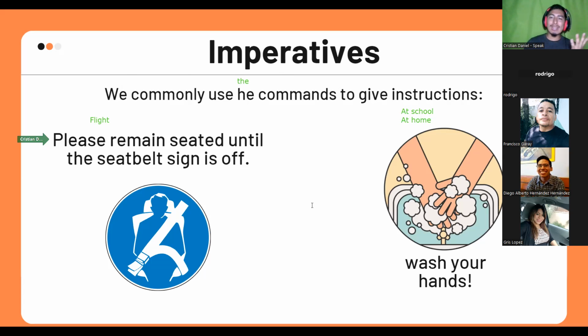Griselda, who can tell you this instruction at home? Wash your hands at home. Before eating. Yes, before eating, but who can tell you this sentence? What person? The mom. Very good. Our mom.